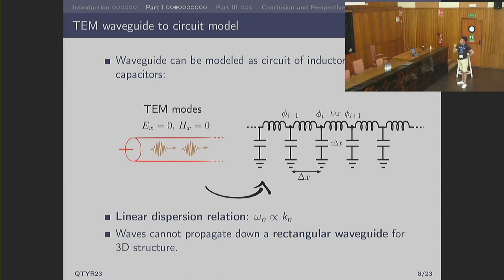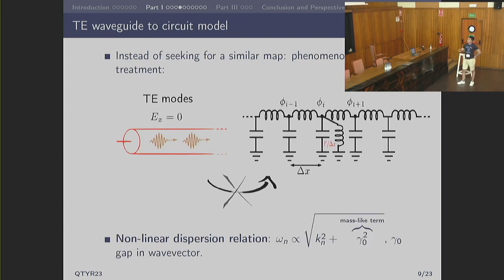The issue is that for the waveguide of interest, which is the rectangular waveguide, this kind of modes are not physical, and you wouldn't be able to have your wave propagating down your waveguide. Which is why we have to rely instead on a more physical waveguide, which is the TE waveguide, for instance.